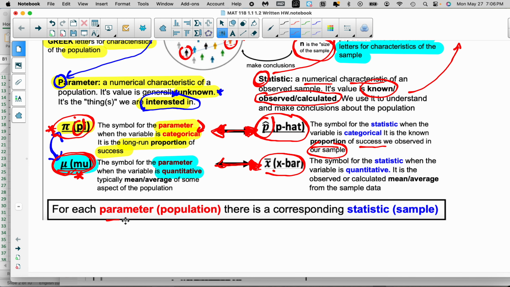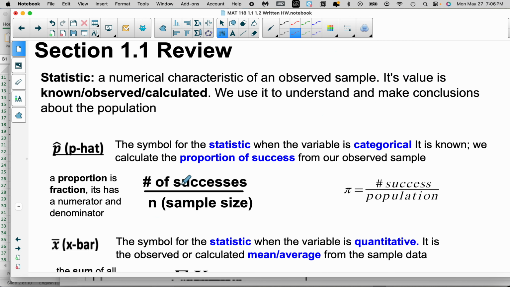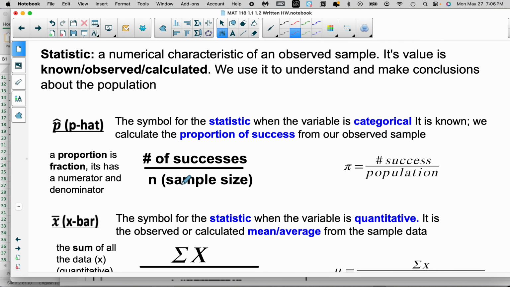So for each parameter in a population, when we take our sample, we call it a statistic. Each parameter has a corresponding sample statistic that goes with it. So let's talk a little bit more about statistics and parameters.